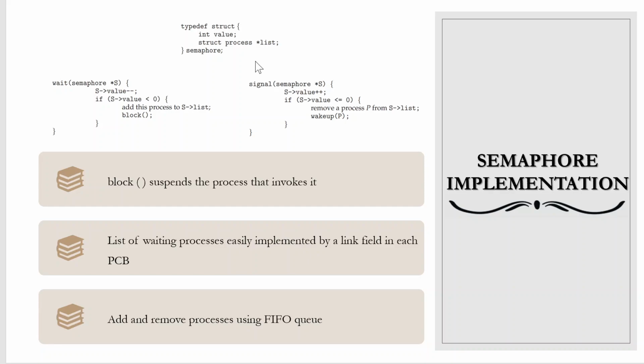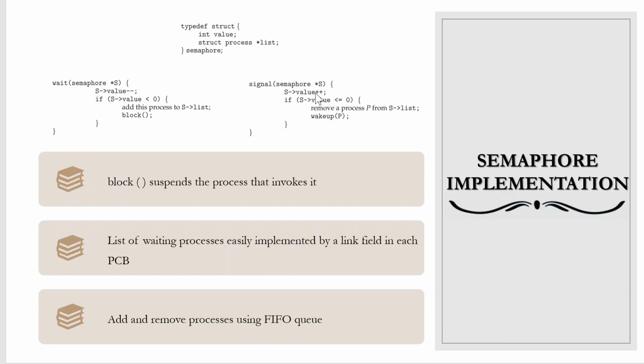Now, the wait semaphore operation can be defined as follows. Here the value of S will be decremented by 1. Whenever its value is less than 0, the process will be added to the process list and sent to a blocked state. And this signal semaphore definition is given here.